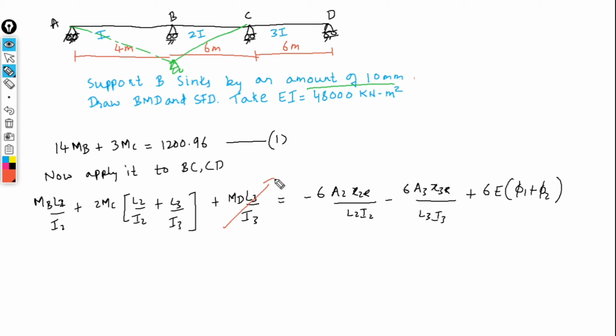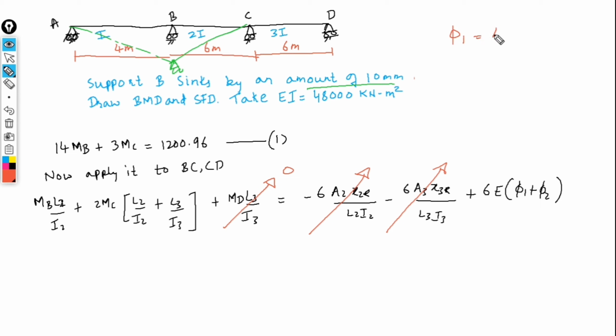There is no direct loading, so A2, A3, all the terms related to direct loading will be 0. And since there is sinking of the support, we have to use the formula given by Morse. You can simplify the equation. First you find phi1 and phi2.